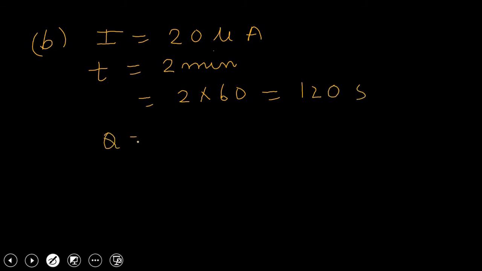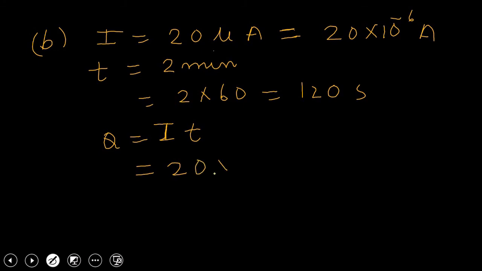Q is equal to I into T. I is equal to 20 microampere. So we have to convert 20 microampere into ampere. We know 1 microampere is equal to 10 to the power minus 6 ampere. So 20 microampere will be equal to 20 into 10 to the power minus 6 ampere. So we will write here 20 into 10 to the power minus 6 ampere into 120 seconds.